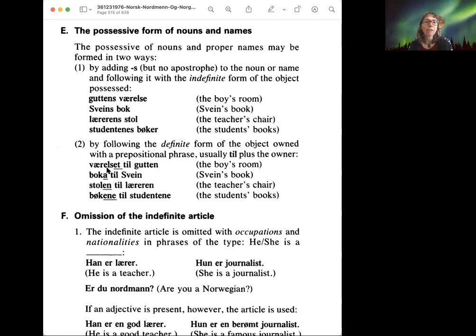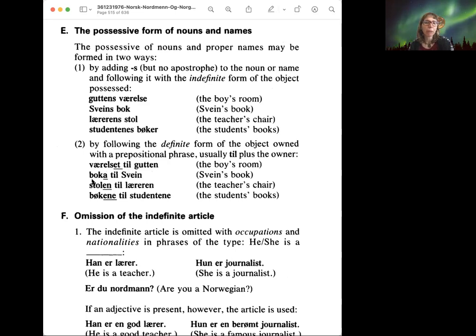So here you can say værelse til gutten, the boy's room. We're saying the same thing as up here, but here it's just a different way to structure the sentence, by making this definite instead of indefinite. We're saying the room to the boy. Okay, so værelse til gutten, the boy's room.